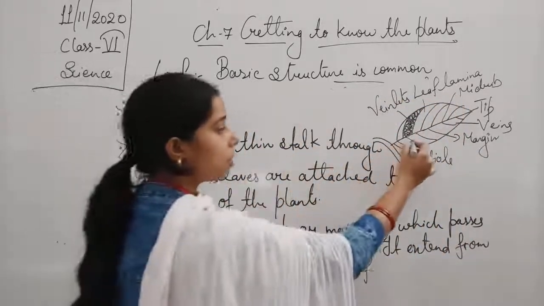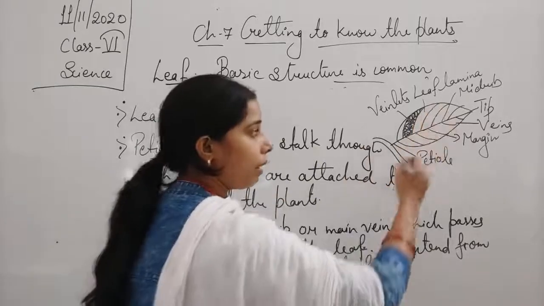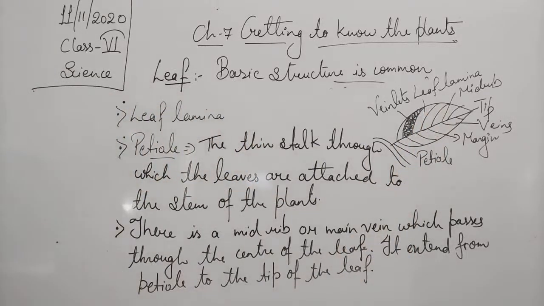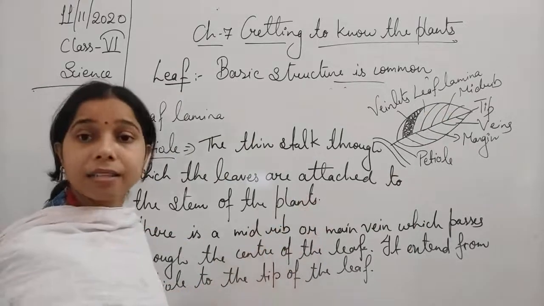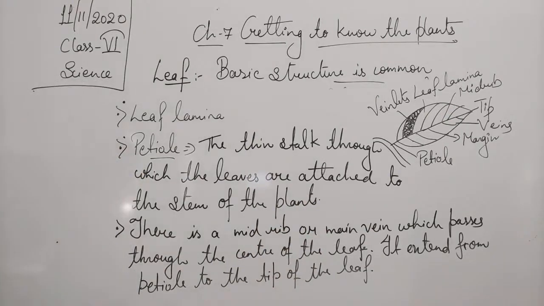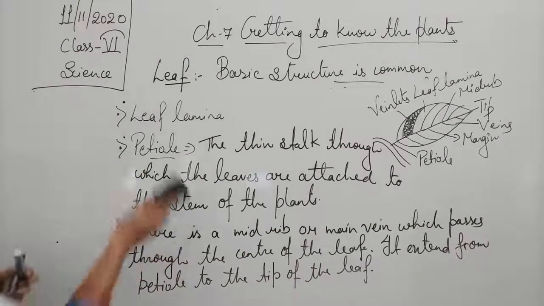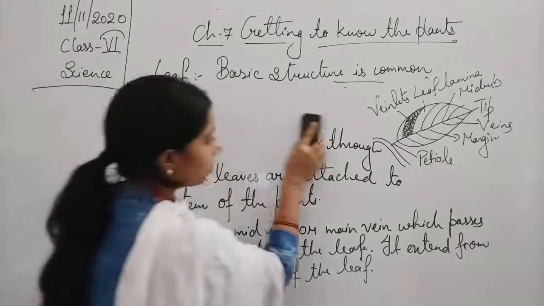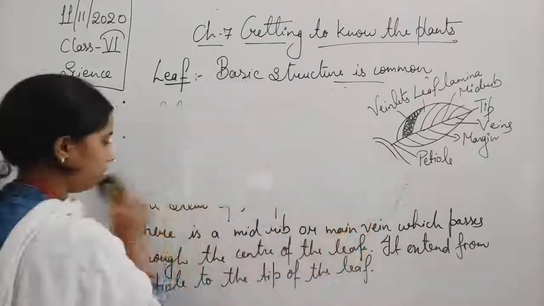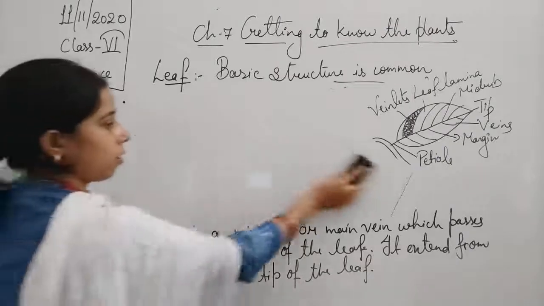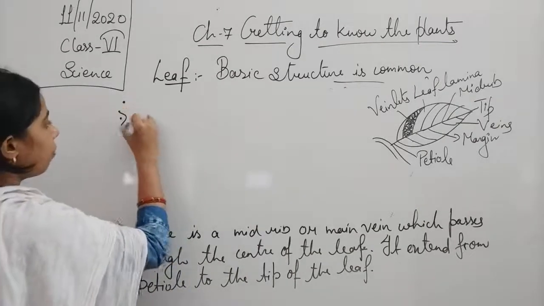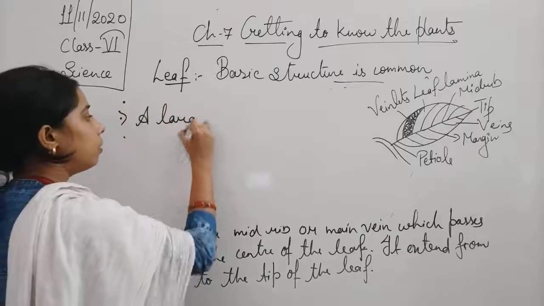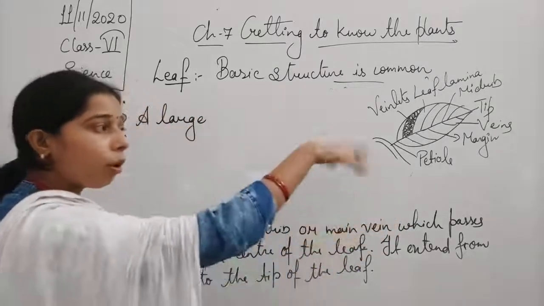You can see here, students, these are the small veins. So we can say that not only a main vein, but a large number of veins arise out of the midrib. Okay. So we can write it now: a large number of veins arise from the midrib and spread to the leaves, because you see, students, from the midrib a lot of veins are there.